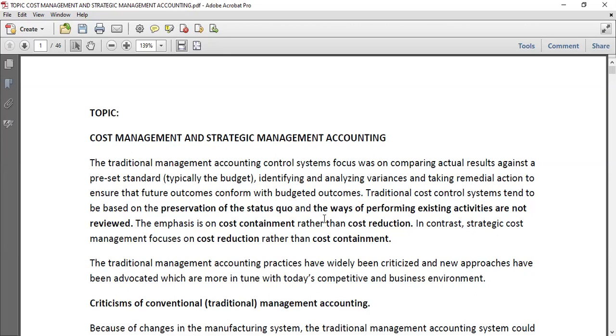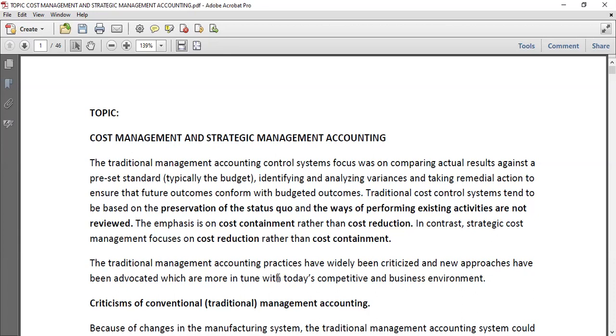Okay, so we are saying that cost management should not just be about us working with the status quo, like we've drawn a budget and then we want to analyze between the budget and the actuals to think that we actually have the right way of managing our costs.